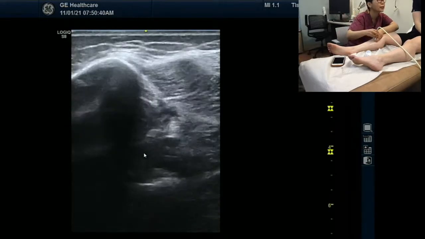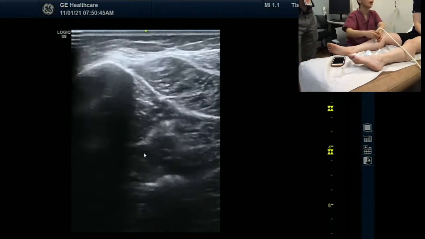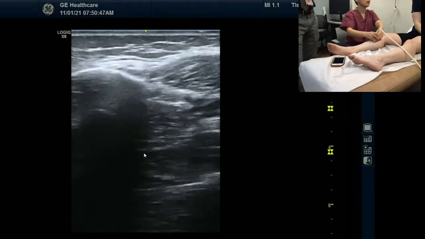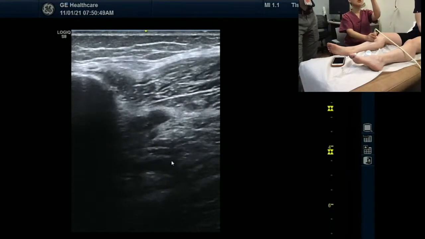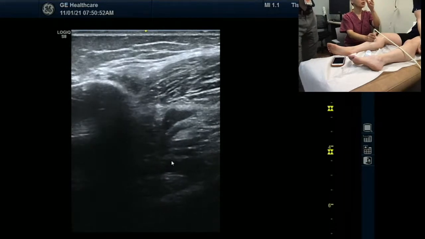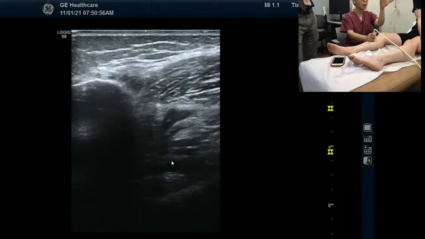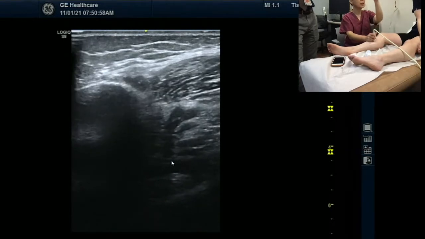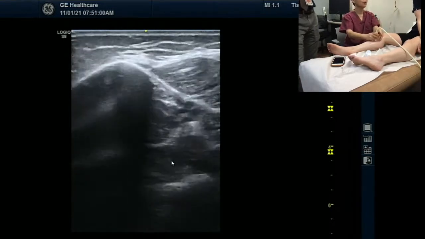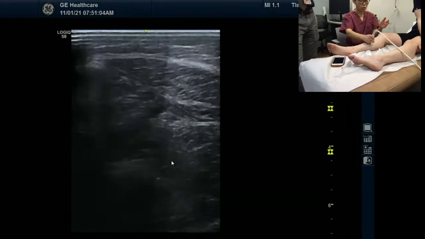Here you cannot see it well. But in children it's easy to see. The fibular artery doesn't move with the nerve; the tibial artery moves with the tibial nerve. So you can even differentiate which artery and which nerve. You can try one time before we finish.